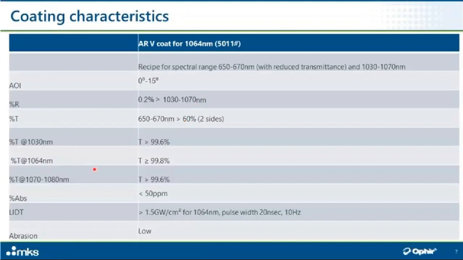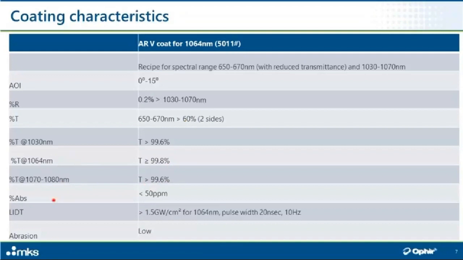The best transmission, as I said, is at 1064, and it is above 99.8%. If you are at 1030 or 1070 to 1080, then transmission drops to 99.6%. Still very good, but not as high as at 1064 nanometers.